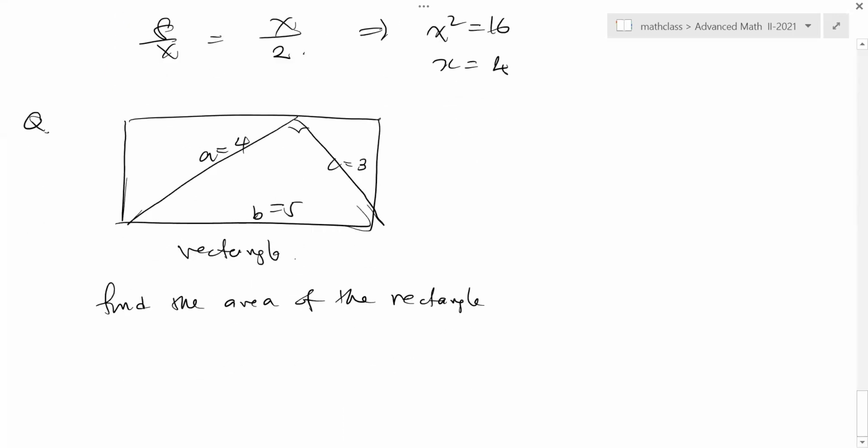Actually, for an arbitrary right triangle, you can always draw a rectangle around it. Then you can find the area of the rectangle. Because the triangle is uniquely determined, the rectangle is also uniquely determined. So you should be able to find the area of the rectangle, right?